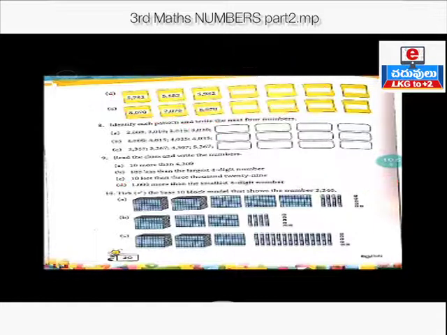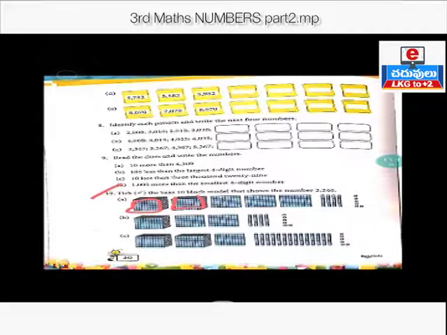See the next question. Take the base 10 blocks model that shows the number 2246. So this is the thousands block.